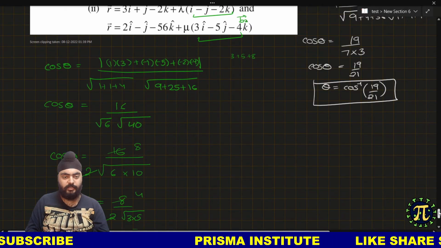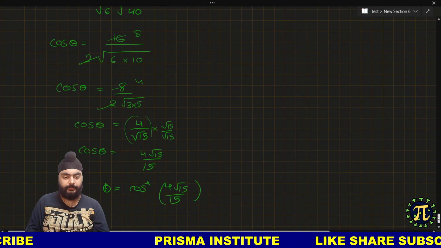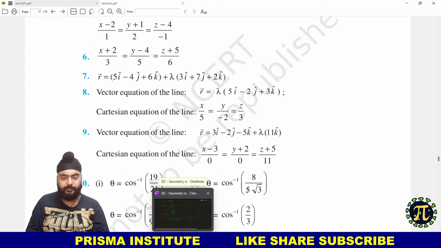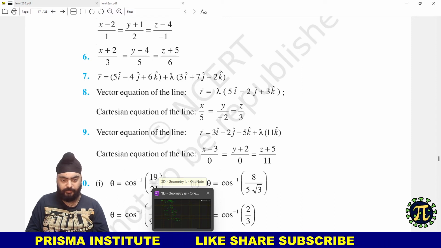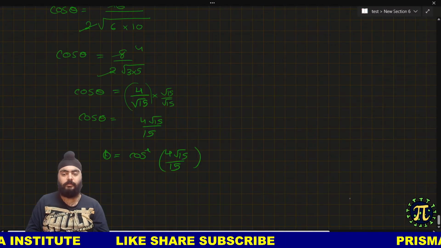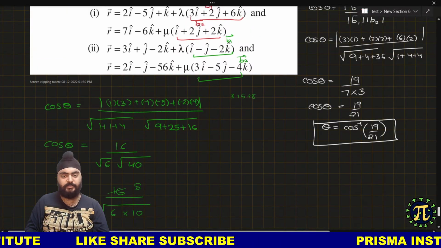One and 4 is 6. Okay. 8, 5 and root 3. So he is leaving just root 3 in the denominator for the second part. So कहीं mistake हुआ क्या?